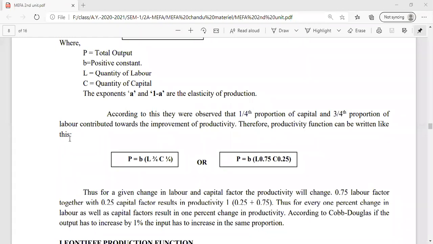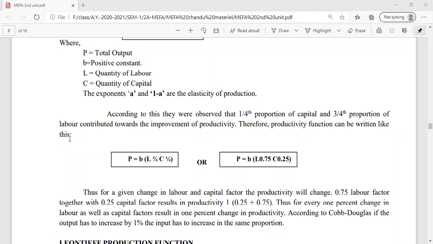So how much is the improvement? Since it was 240, again it has to be doubled at least. If it is constant returns to scale, it has to be 480. If it is 500, it is increasing returns. Previously it is 240, now if it is 480 it means constant returns to scale. But unfortunately it is less than 480.